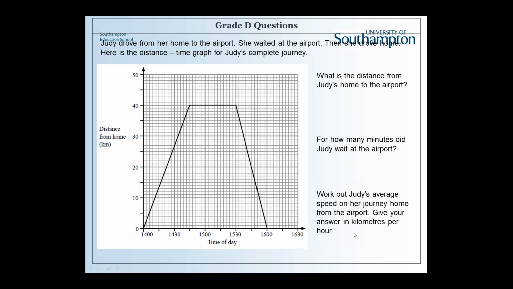So here we are. Here's another one. Judy drove my home to the airport, waited at the airport, and drove home again. Here's the distance time graph.